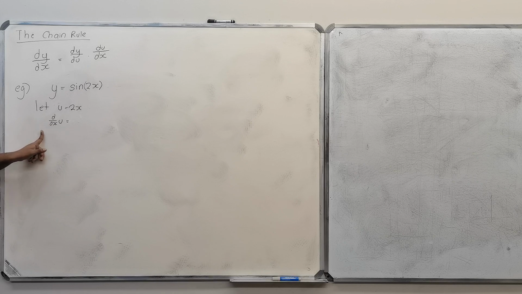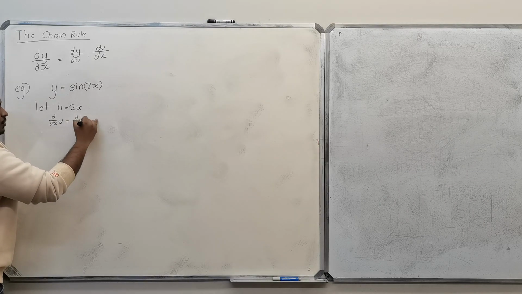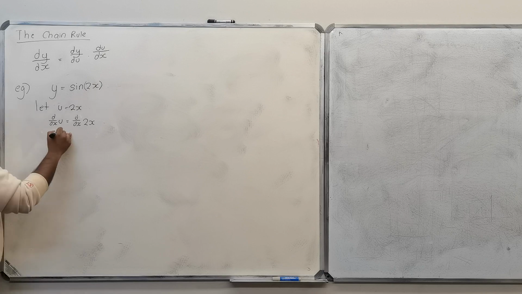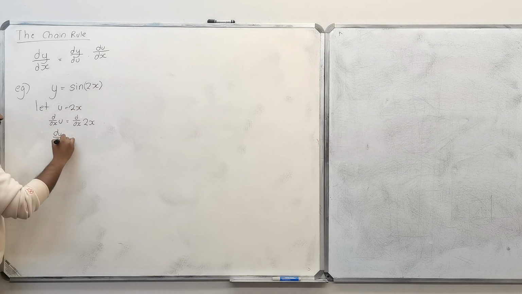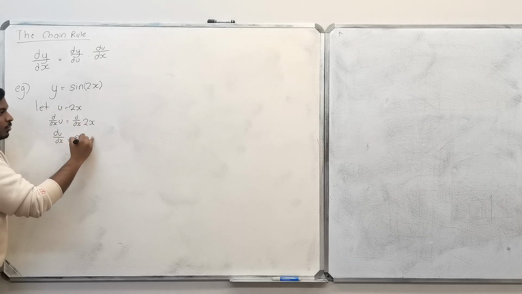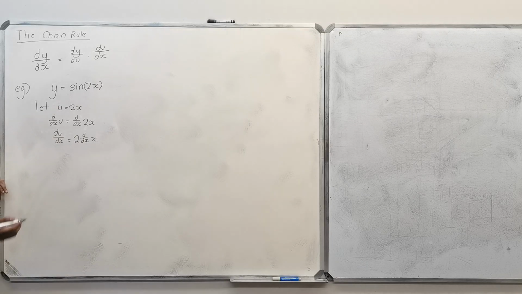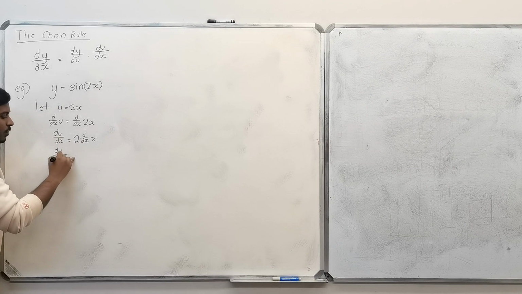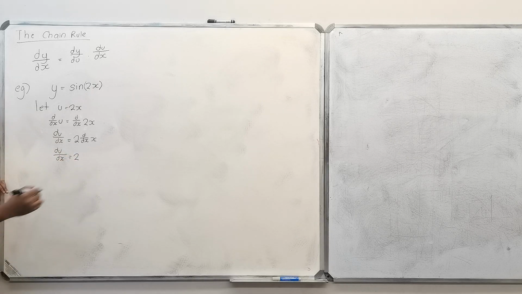Because you introduce d over dx here, you have to introduce it to the other side. So d over dx of 2x. So du over dx equals, this is a constant so you can put it out, 2 d over dx of x. So that becomes 2 times 1. So du over dx is equal to 2.